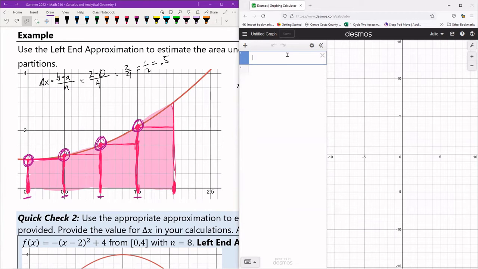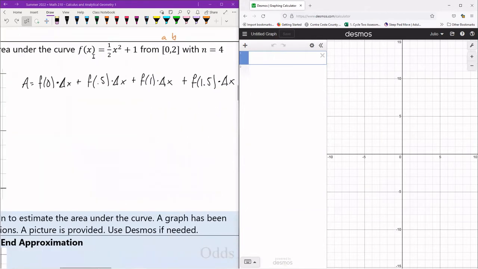So we're going to start off with a blank version of Desmos, okay? I'm first going to plug in my function. So this is going to be f of x equal 1/2 x squared, plus 1.